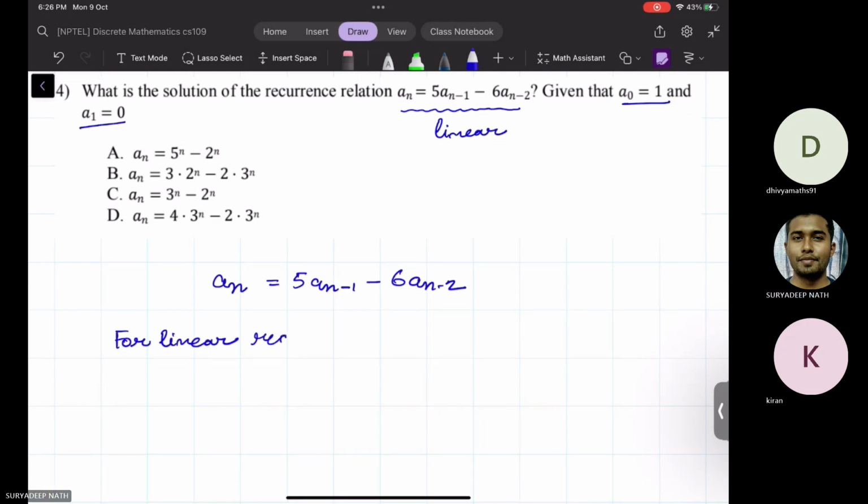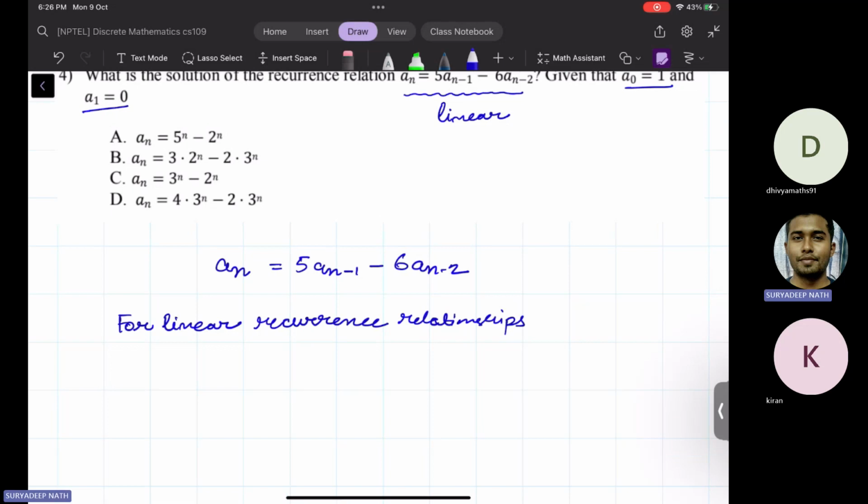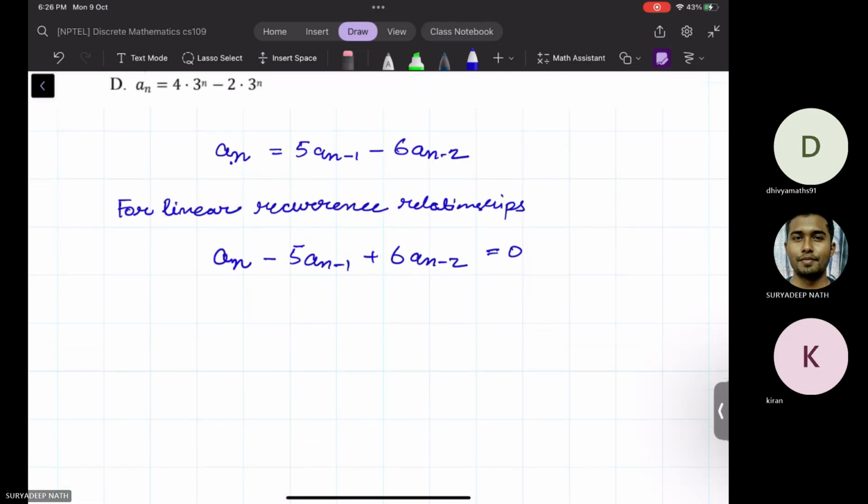For linear recurrence relationships, the way to do it is we rewrite it like this: a_n - 5a_(n-1) + 6a_(n-2) = 0.